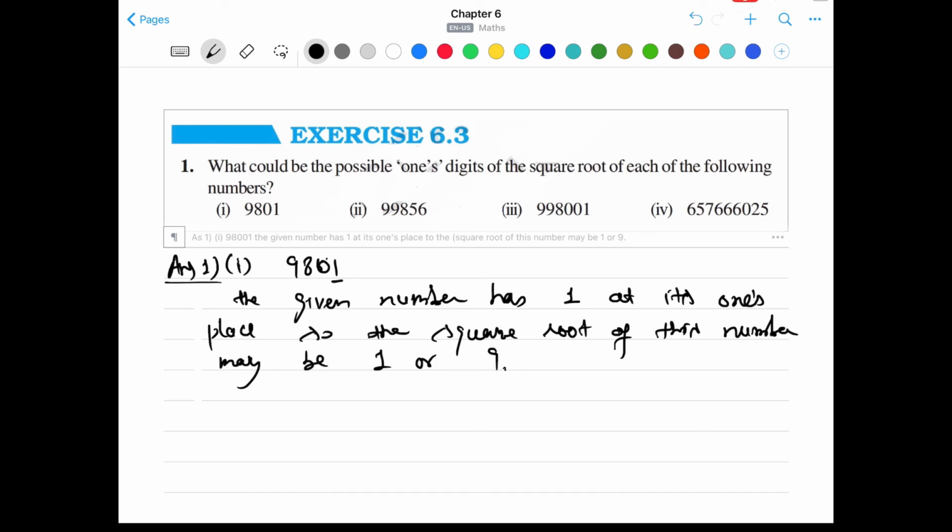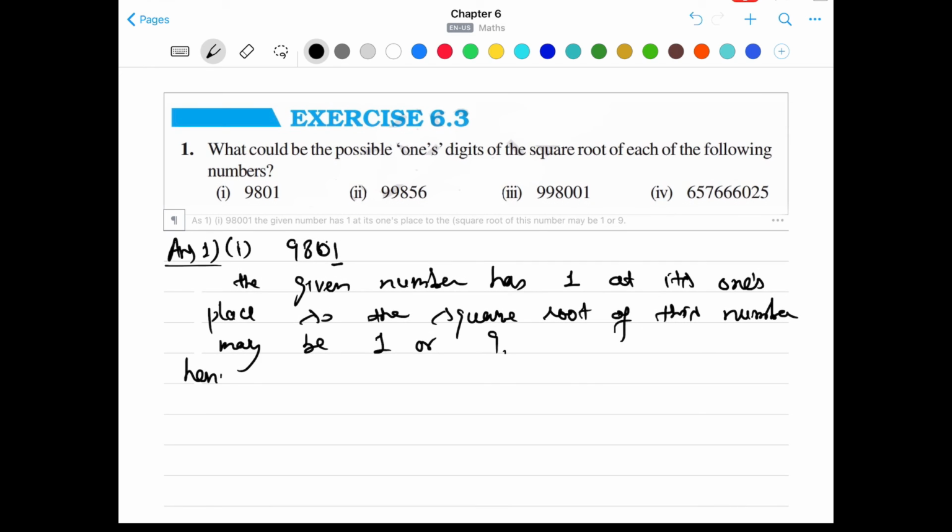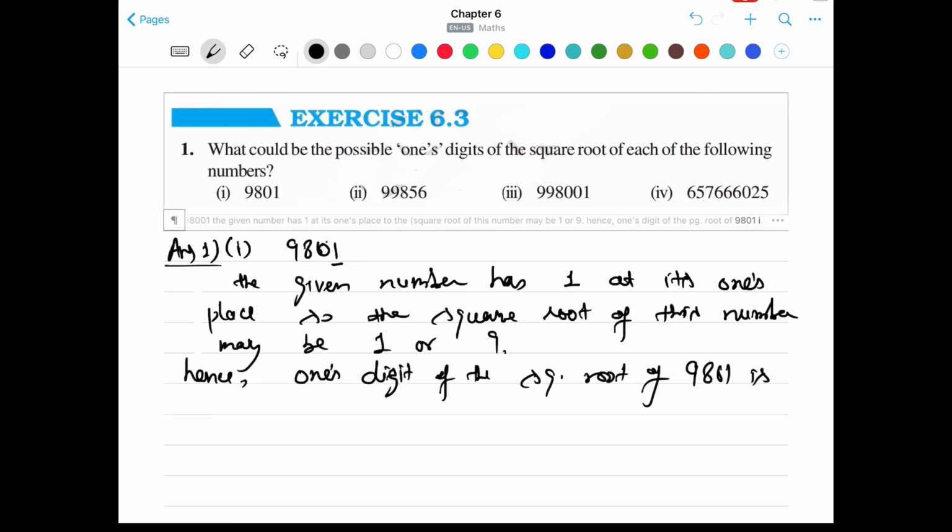Hence the ones digit of the square root of 9801 is either 1 or 9.